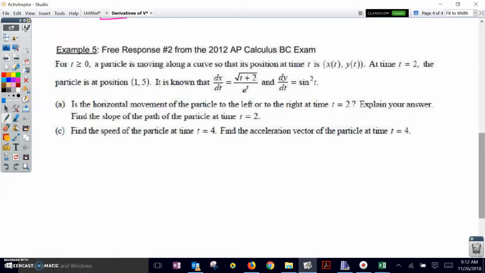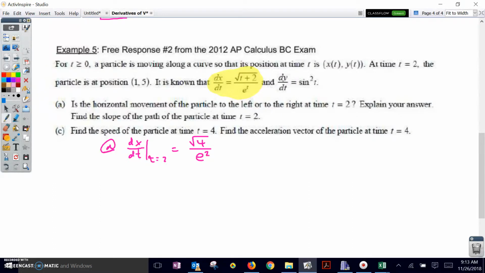All right. So in order to find the horizontal movement, well, the horizontal movement is based off of the change in x with respect to time. So the question is, is this moving to the left or to the right at time 2? And so we're going to find dx/dt at time 2, and we'll put 2 in here, and so that's going to be the square root of 4 over e squared.